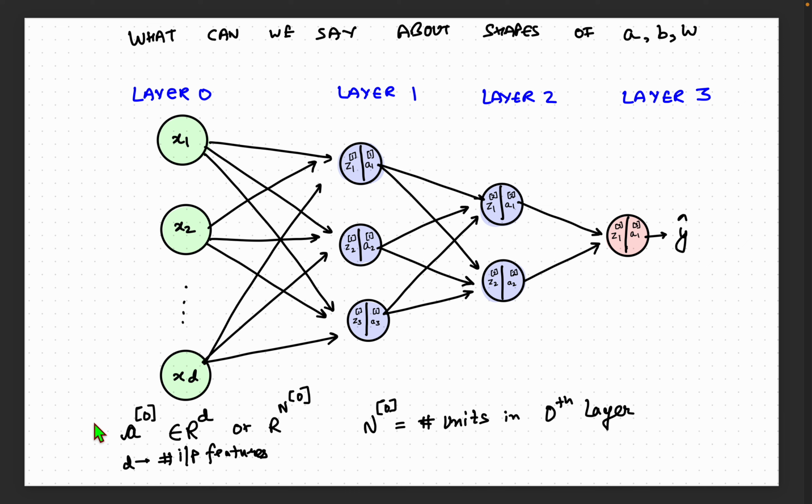A0 is the input layer and it is of R^D, but we are going to also denote that as N superscript 0, which means the number of nodes in the zeroth layer. If we continue this convention, we can denote the number of nodes in any layer as N superscript L, where L means that this is the Lth layer.